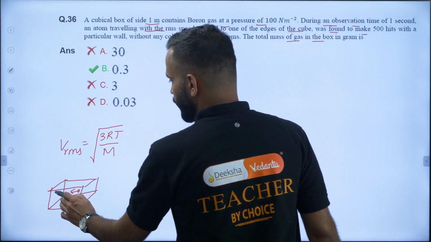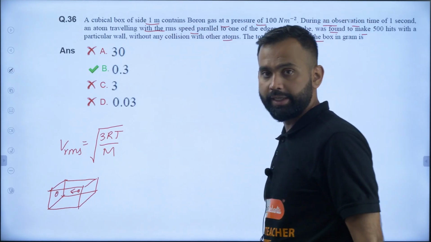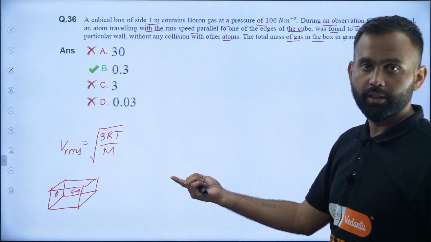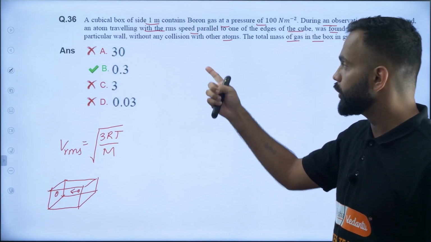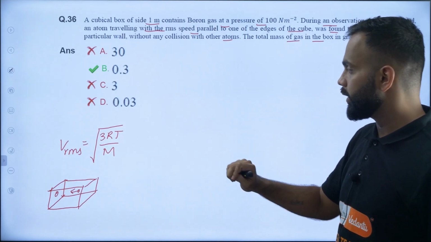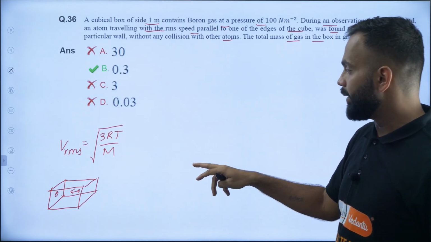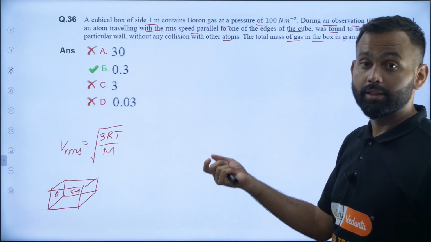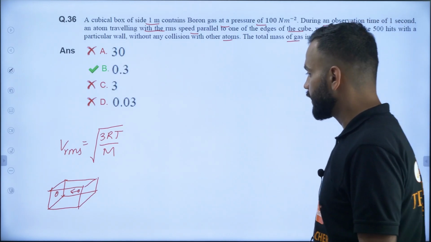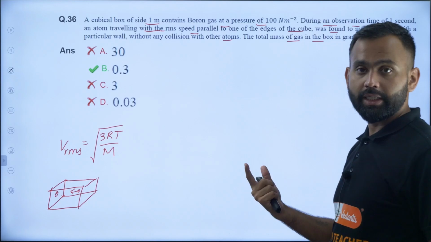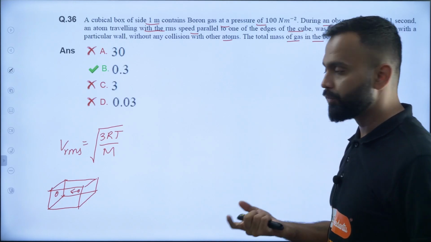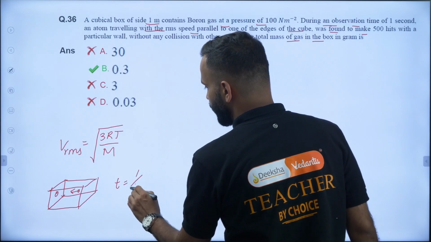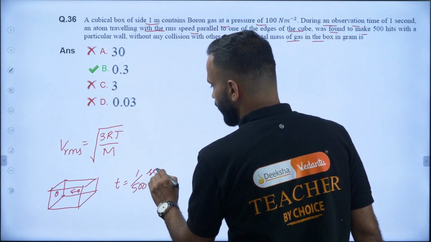So in 1 second there will be 500 hits with a particular wall. So the total distance traveled by the boron gas is 2L, that is 2 meter. The time taken by the boron gas for one collision is 1 by 500 second, since there are 500 hits in 1 second.